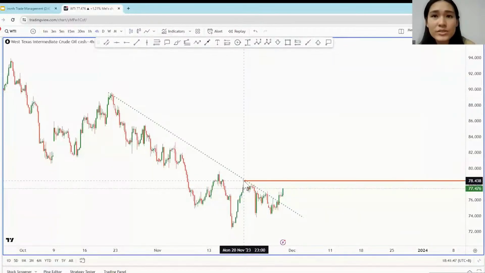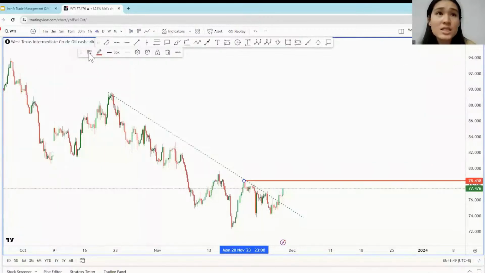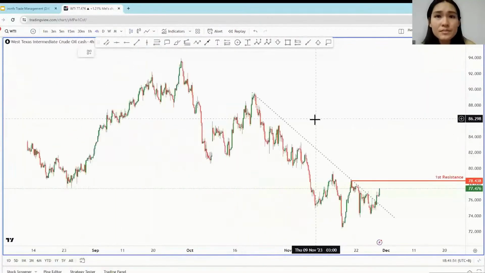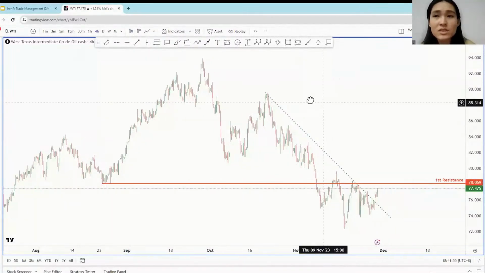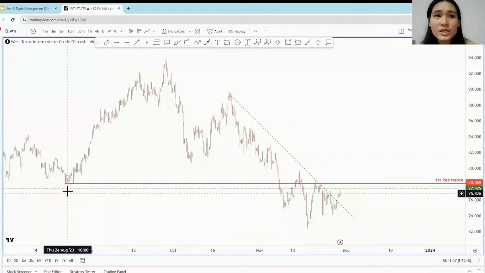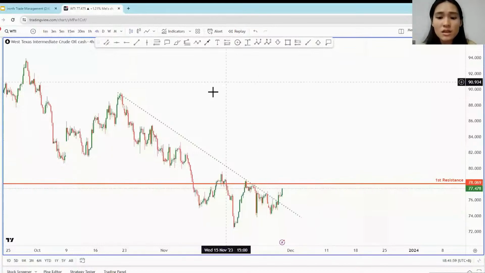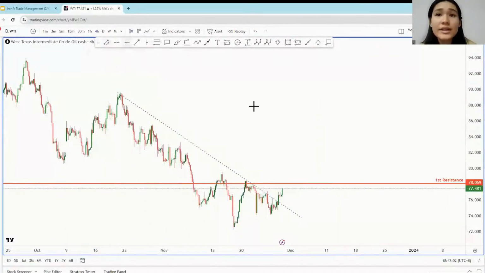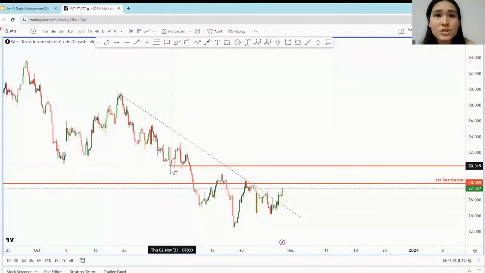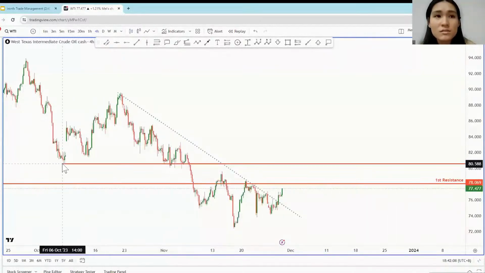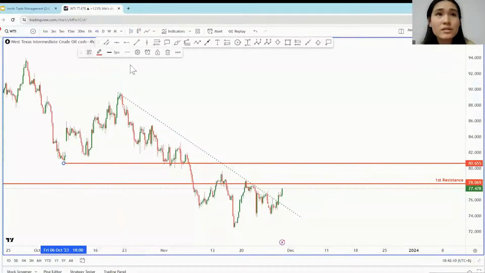Okay. So firstly, here we have our first resistance. Okay, I can pull back my first resistance. Next I have a second resistance, which is just here. Can pull it back.